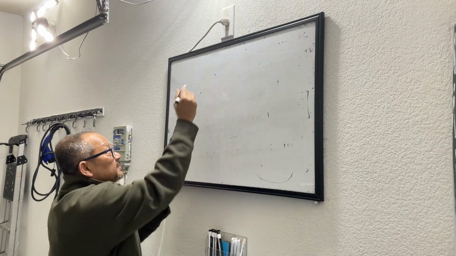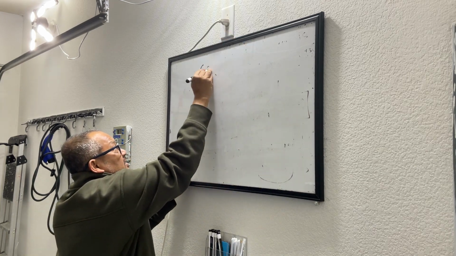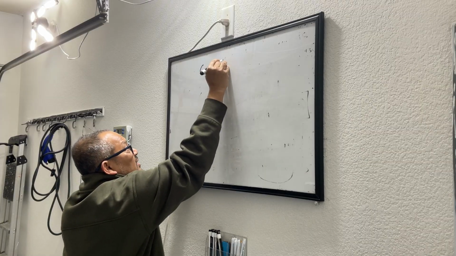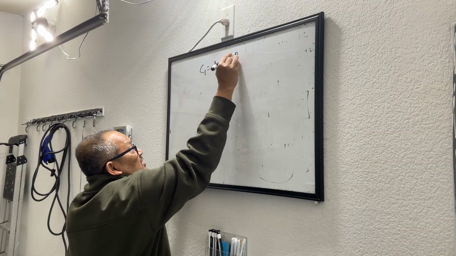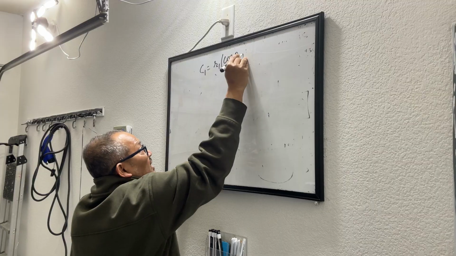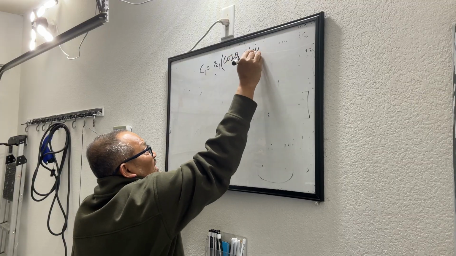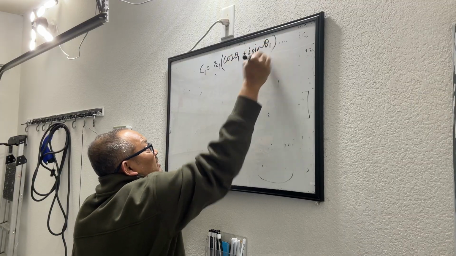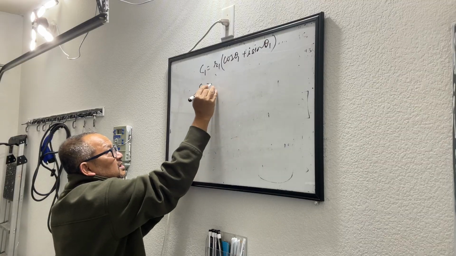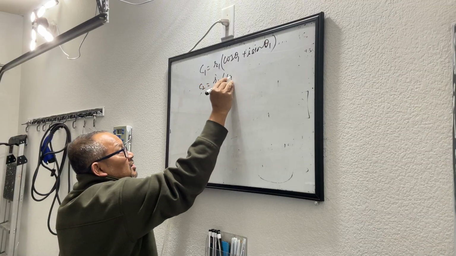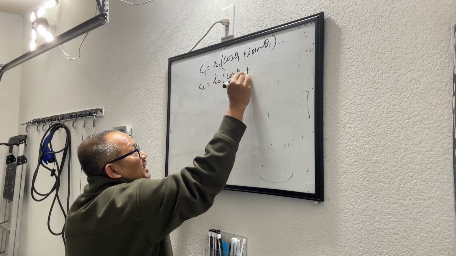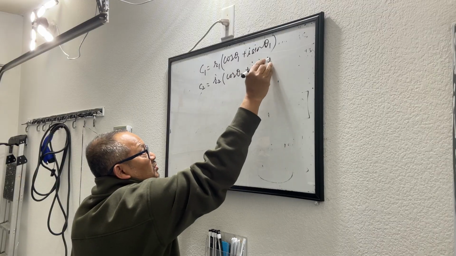Let's say my first complex number in the polar form is R1 cos theta 1 plus I sine theta 1. And my second complex number is R2 cos theta 2 plus I sine theta 2.